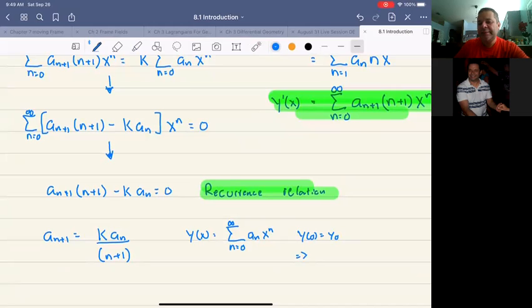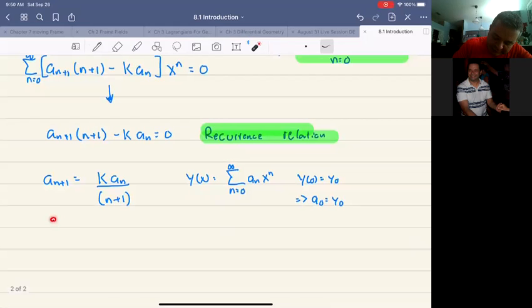That means that a sub 0 equals y0, because when you plug in 0, the x to the 0 term is 1, so the only term that's going to give you anything is a sub 0. So a sub 0 is y0. Okay, that gives us our first term. We're going to go ahead and put that here.